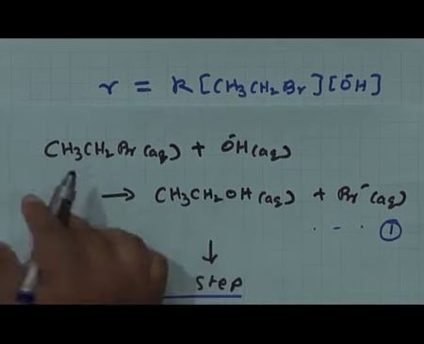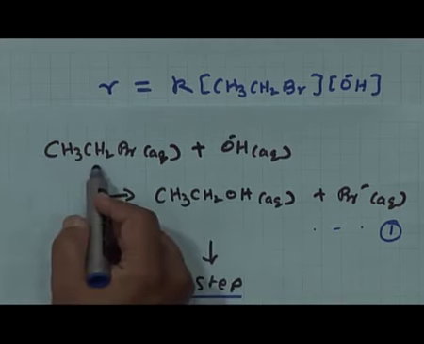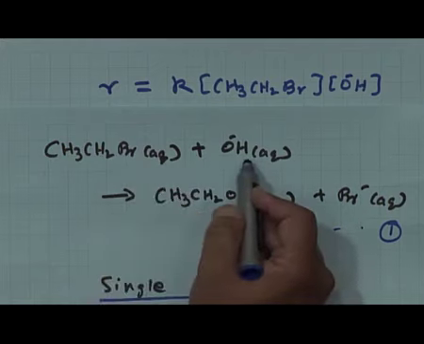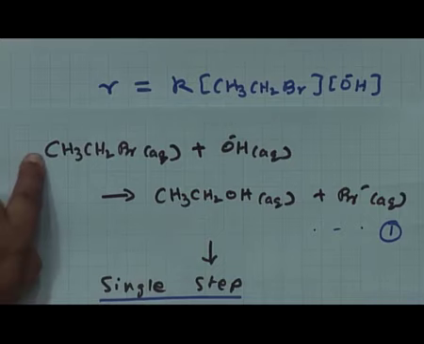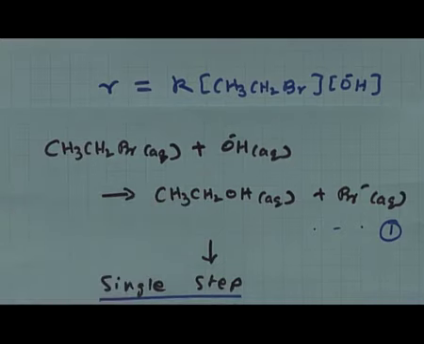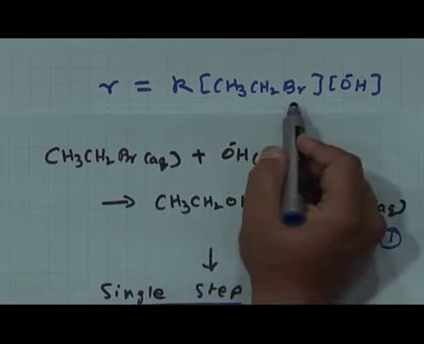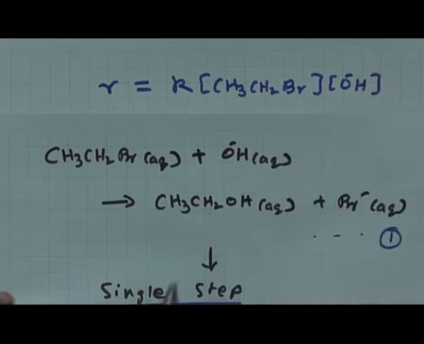There is one molecule of reactant A, ethyl bromide, reacting with one molecule of reactant B, hydroxyl ion, OH minus. One molecule of this, one molecule of this. So the total molecularity is 2, it is a bimolecular reaction, and if you look at the rate law I have written, what is the total order? This is again 1 plus 1, which is equal to 2.